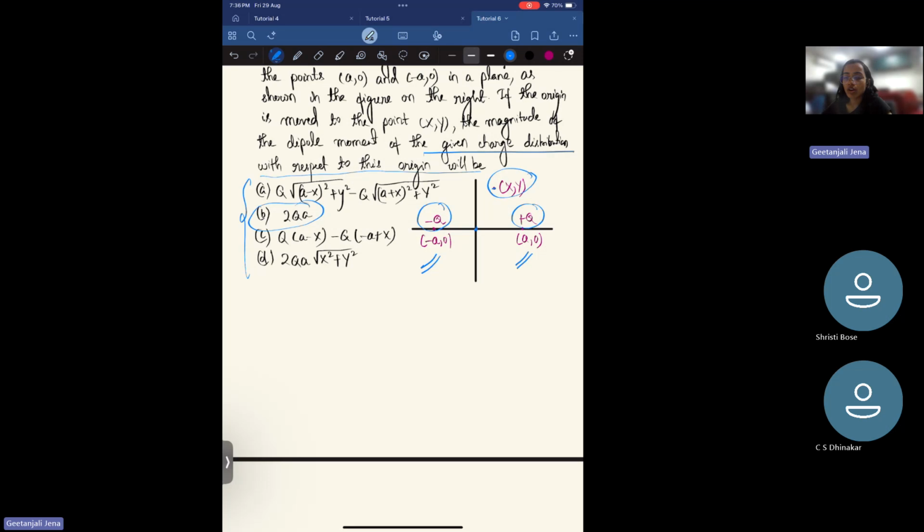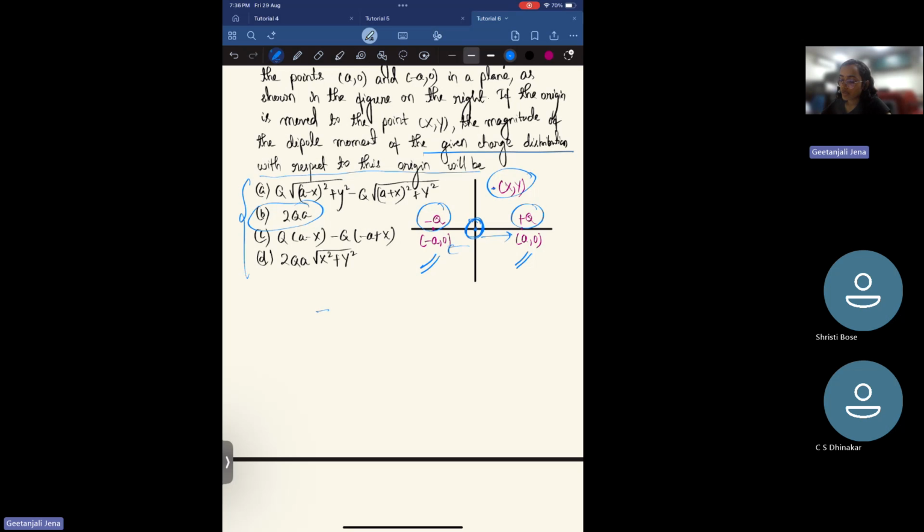So it doesn't depend on the origin you are taking. In xy you will get the same answer, and if you take this point as the origin, you will also get the same answer. So the best way is to do it with respect to this origin 0, 0, 0, because you know the coordinates, right? So this is a i cap, and this will be minus a i cap, right?